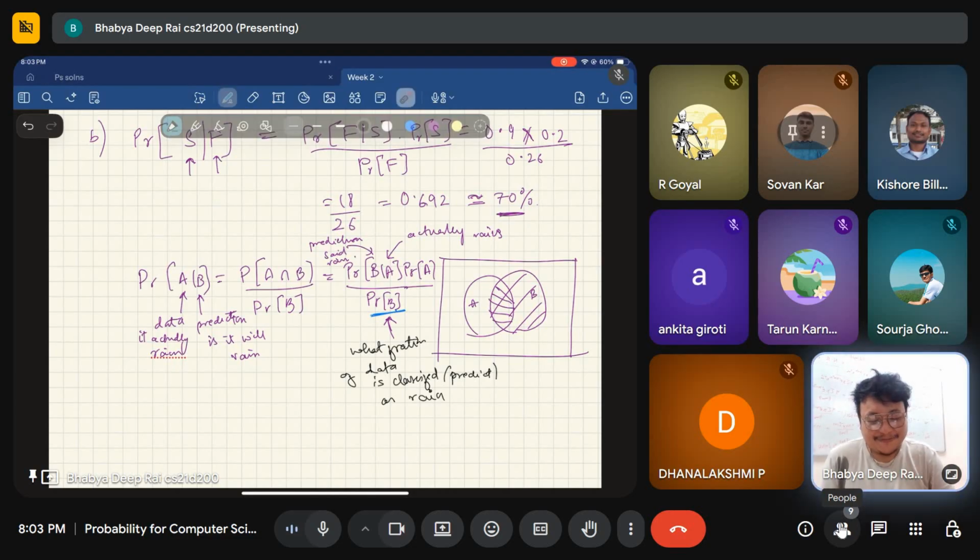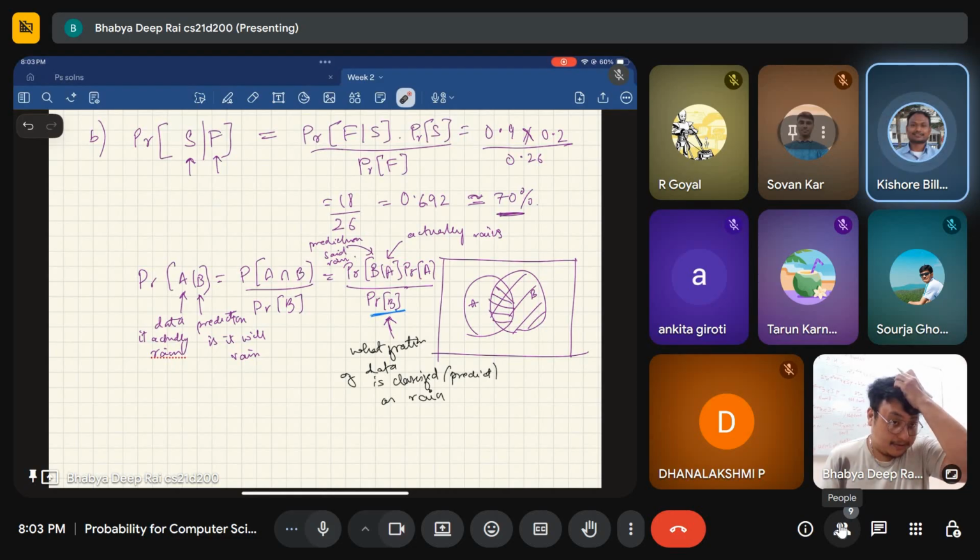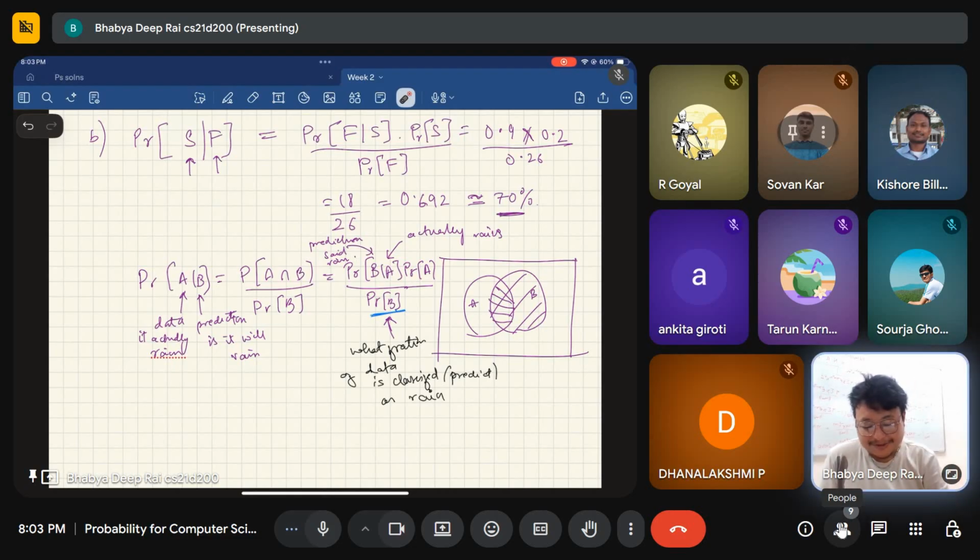If I use the same example, probability of A given B is: given that the prediction is rain, what is the chance that it is actually raining?